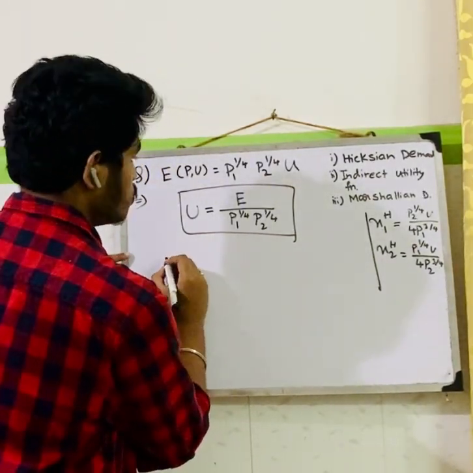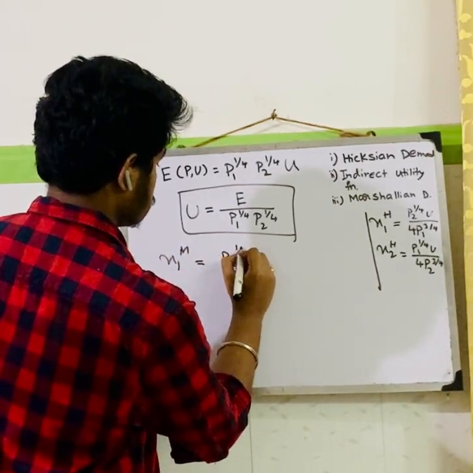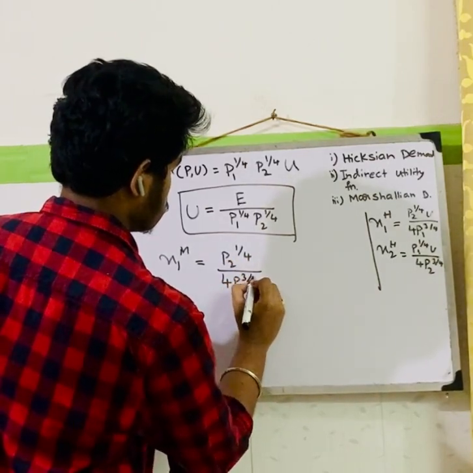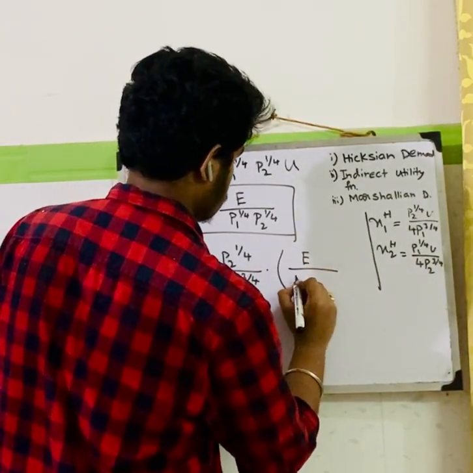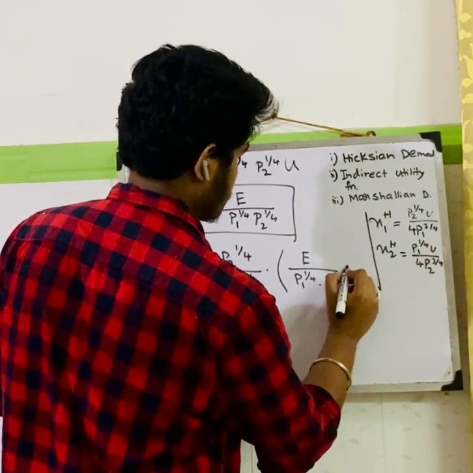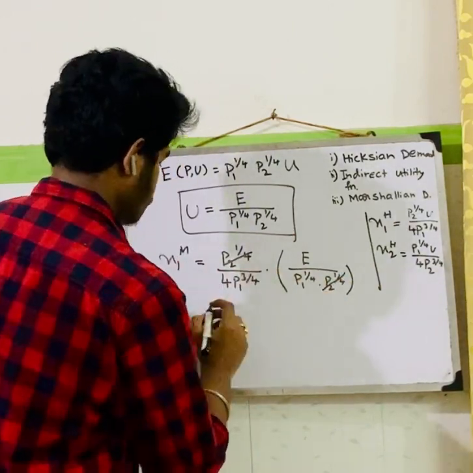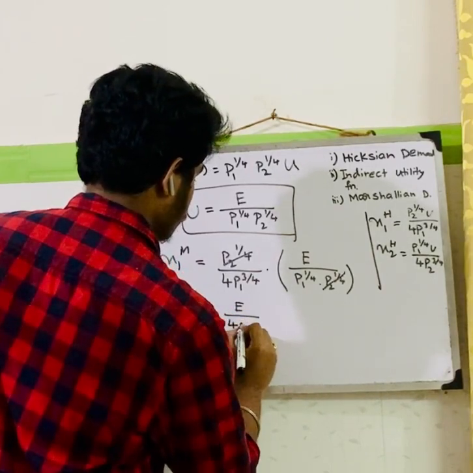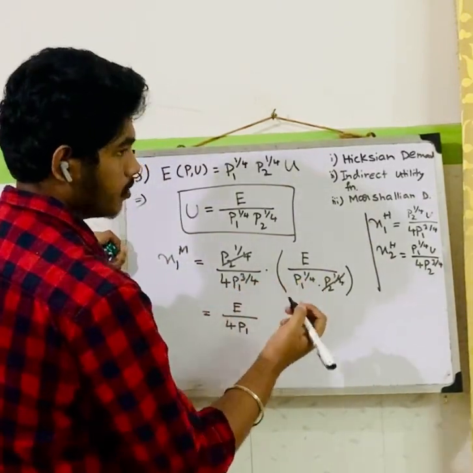So it will come to P2 will be, so E by 4 P1, as 3 by 4 plus 1 by 4 will come to 1.